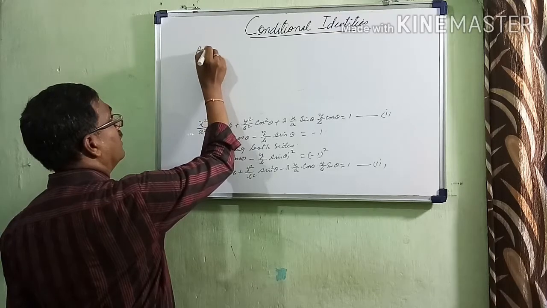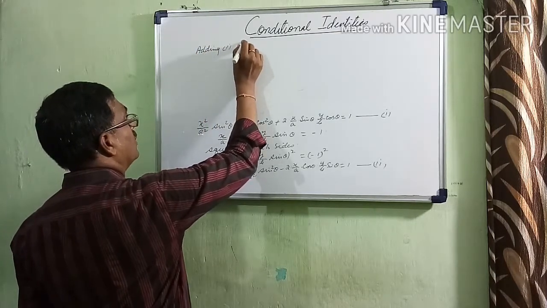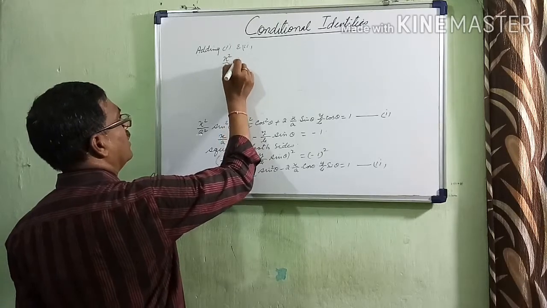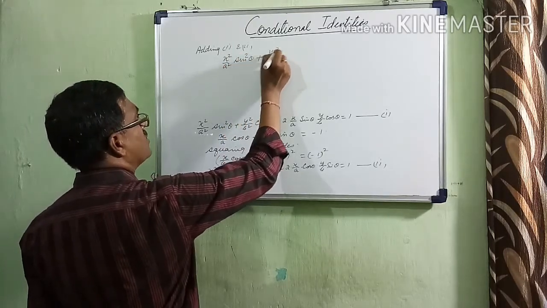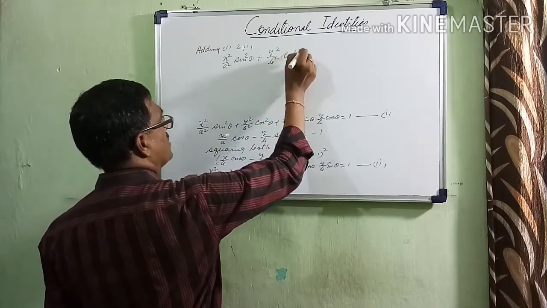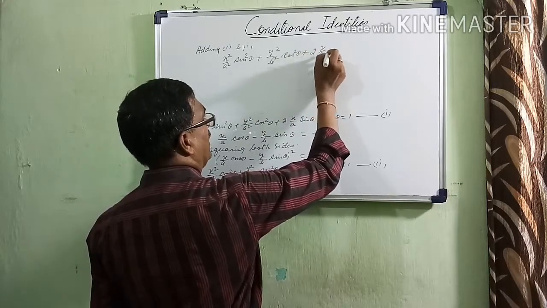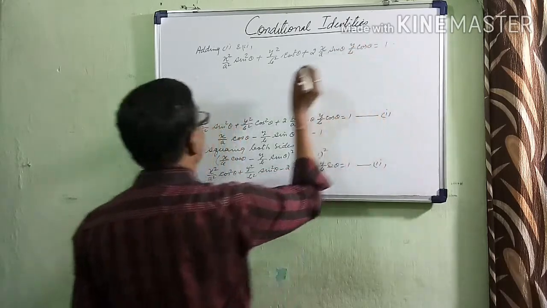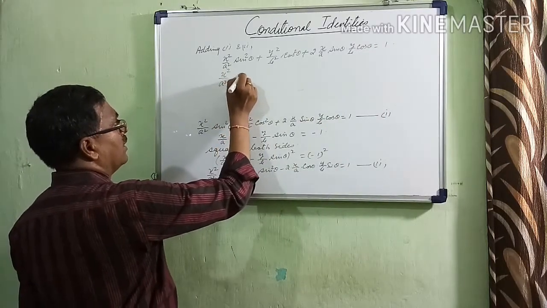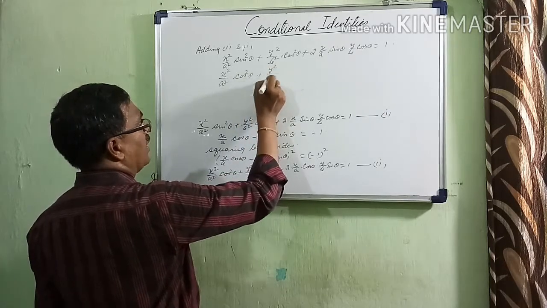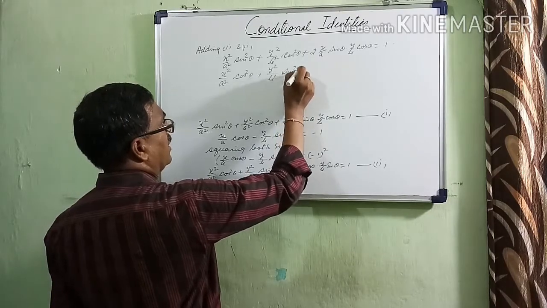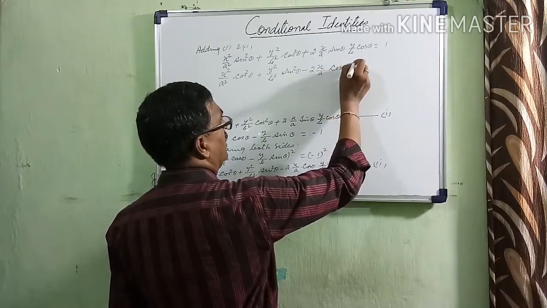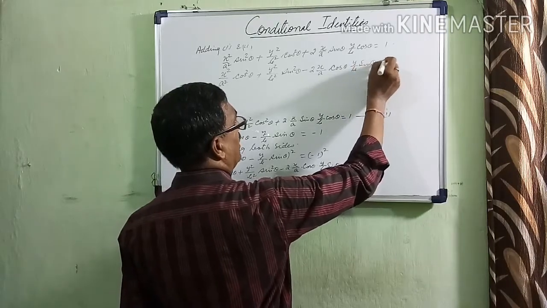Adding 1 and 2, we have x²/a² sin²θ + y²/b² cos²θ + 2 (x/a) sin θ (y/b) cos θ = 1, and x²/a² cos²θ + y²/b² sin²θ − 2 (x/a) cos θ (y/b) sin θ = 1.